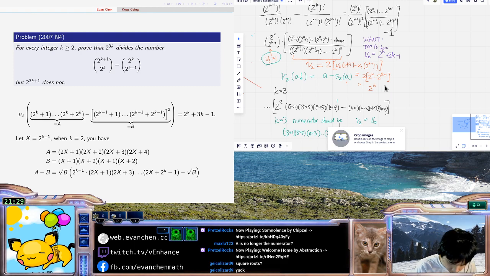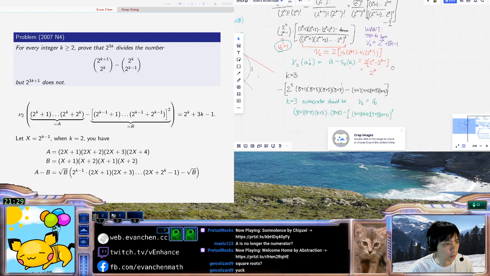Okay, so then again, as I said, we start by factoring out the... I'm starting to run out of space.